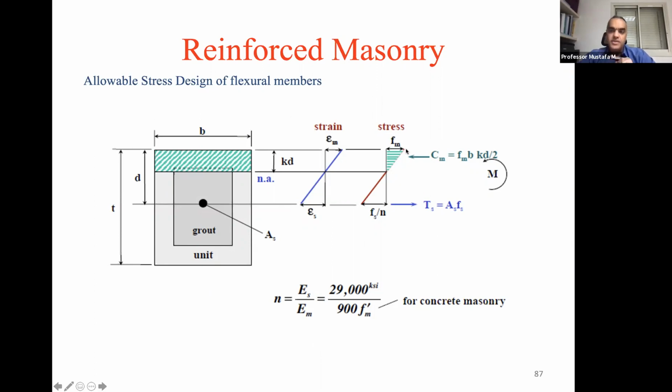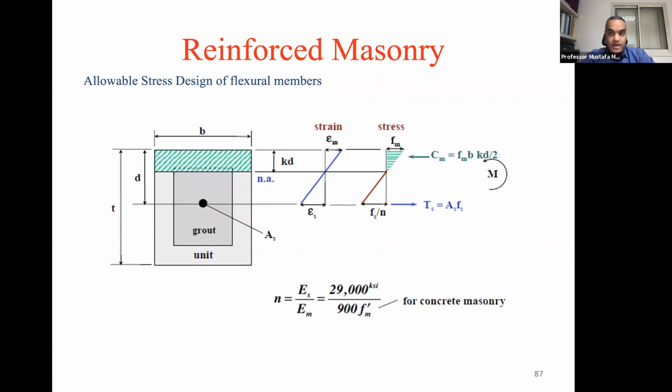This is allowable stress design, which we are familiar with for concrete and steel and masonry. So we need to calculate the area of that rectangle. That will give me the compressive force, and then the tension force is the area of steel times the stress in the steel, F sub S.